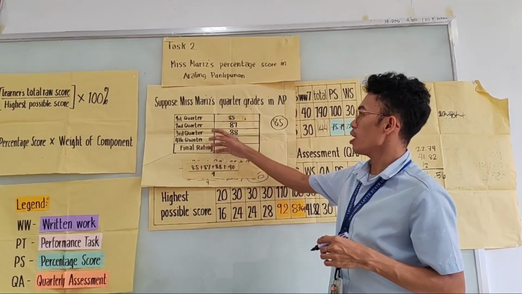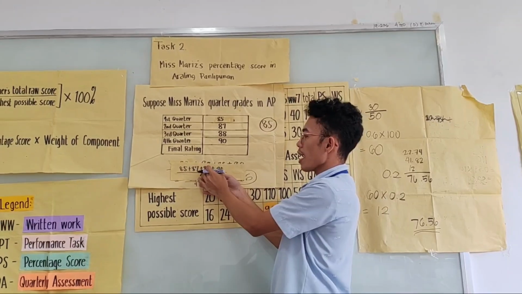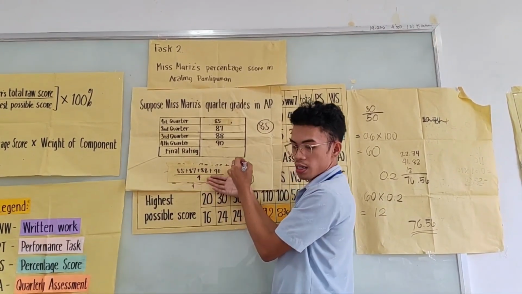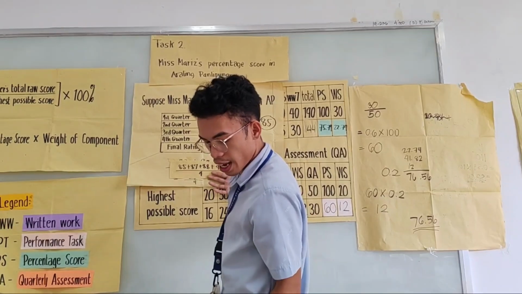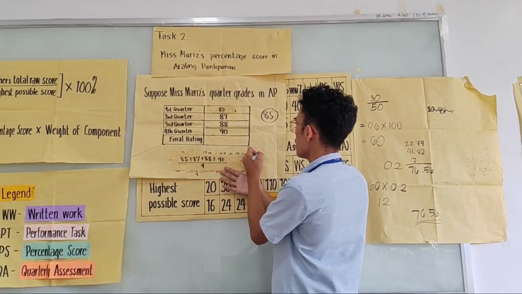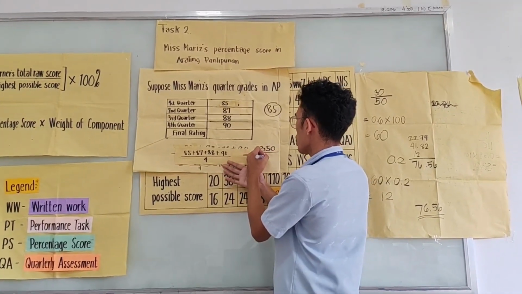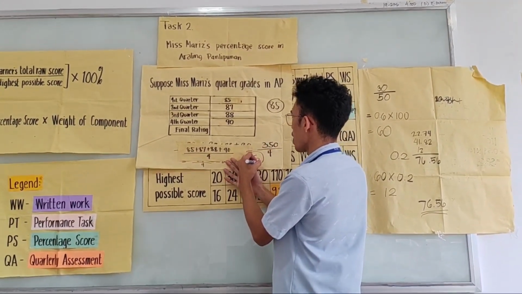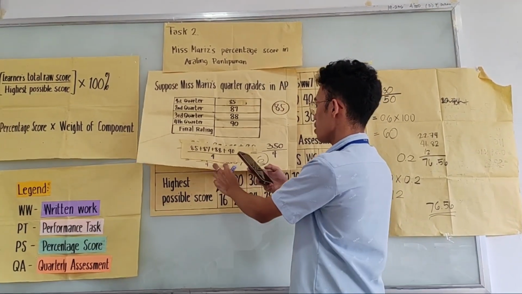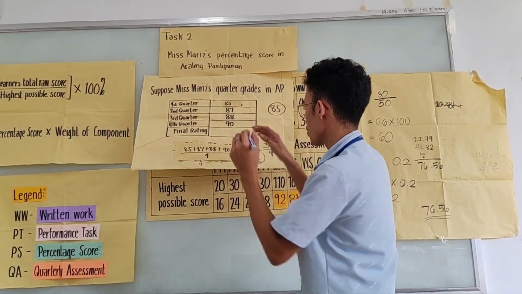So we need to add all her quarter grades. 85 plus 87 plus 88 plus 90 equals 350. And we need to divide it by 4 to get her final rating. 350 divided by 4 is 87.5.